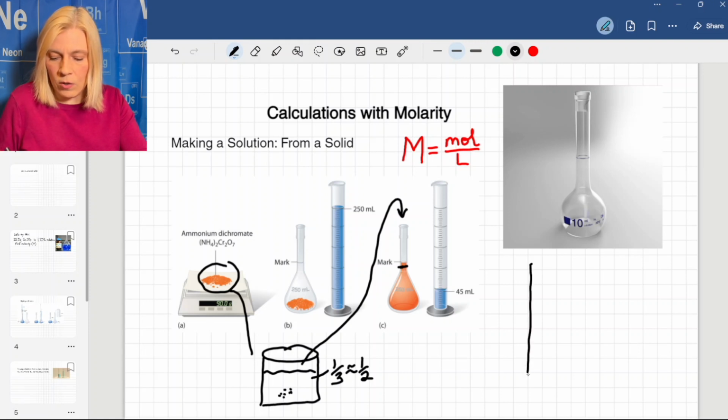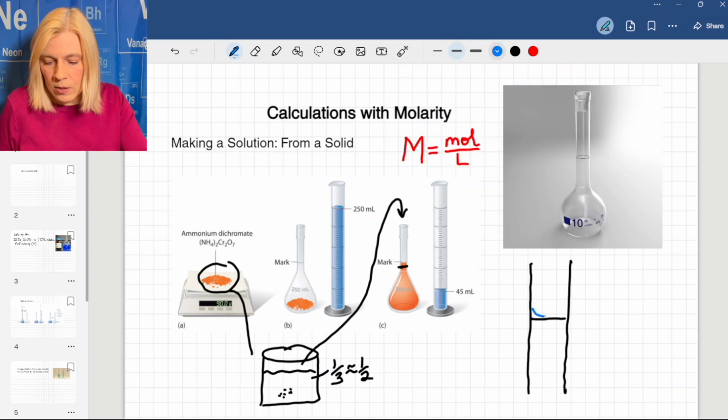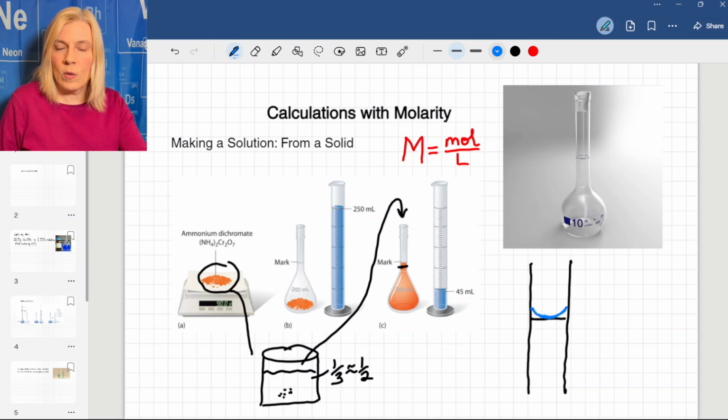So on the neck of a volumetric flask, you will have your tick mark, and you will want to add the liquid so the bottom of the meniscus touches it right there. And that's how you end it. You're going to do it drop by drop with an eyedropper at the end. So that's how you're going to make a solution.